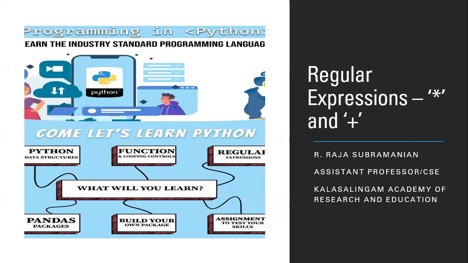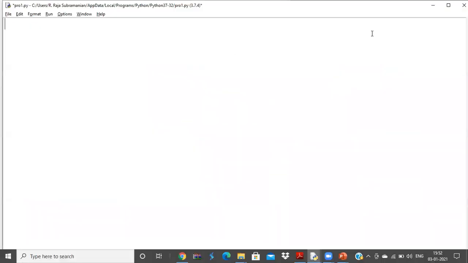I say pattern, so we know what a pattern is in regular expression. That is what we fix as a formula or representation we want for an entire string. So what is this star and what is this plus? Let's not wait, we can see it immediately. I want the regular expression package imported, so import re.